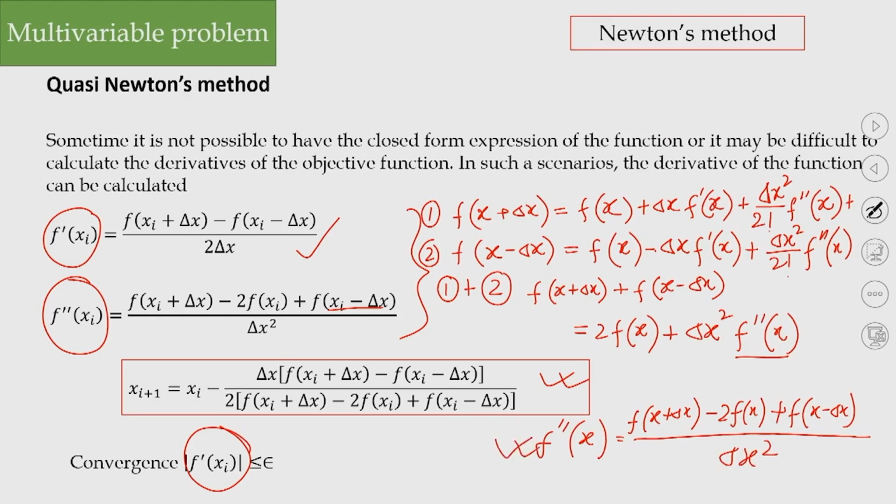This is the second derivative equation. If I put it in, finally our Newton's method will be this one. I can apply this method iteratively to get the optimal solution of a single variable problem.